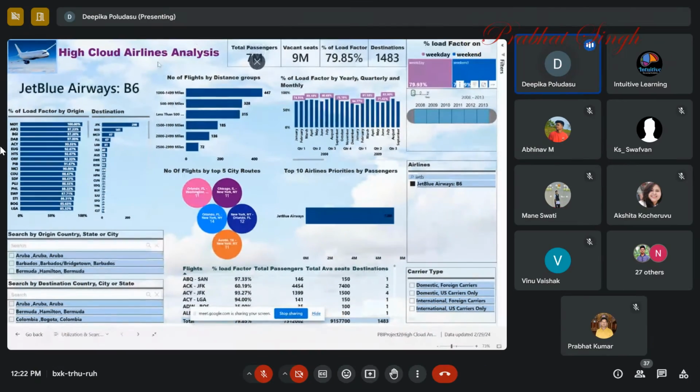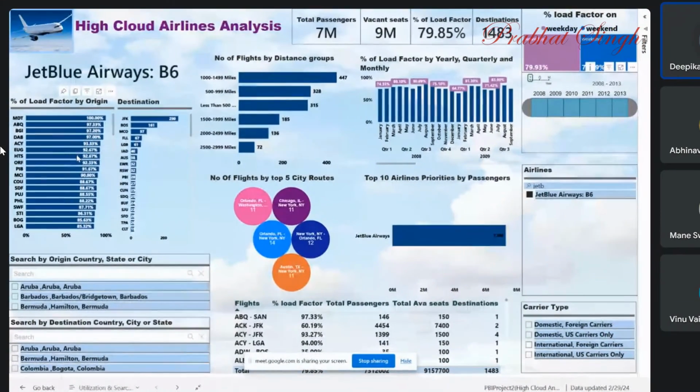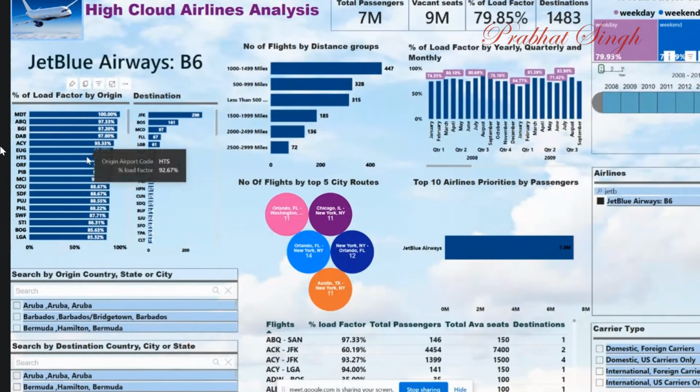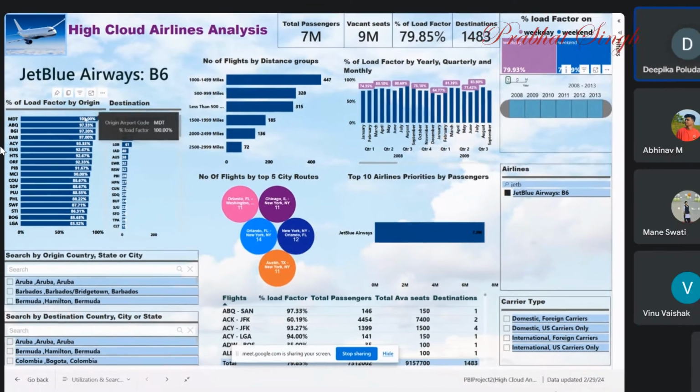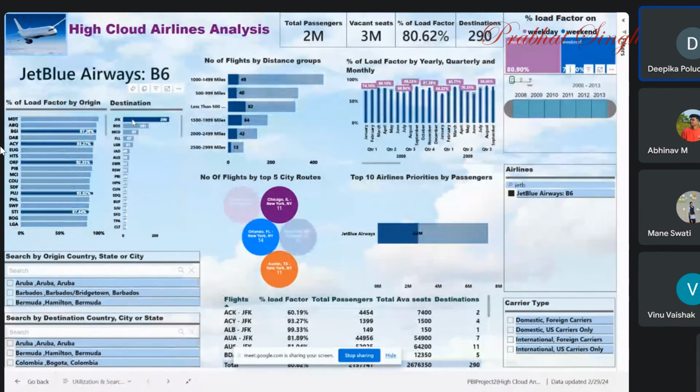Now moving to our bar chart on the left, we can see the percentage of load factors by originating airport code. Or if I choose, we can look at the number of flights arriving at different destinations.